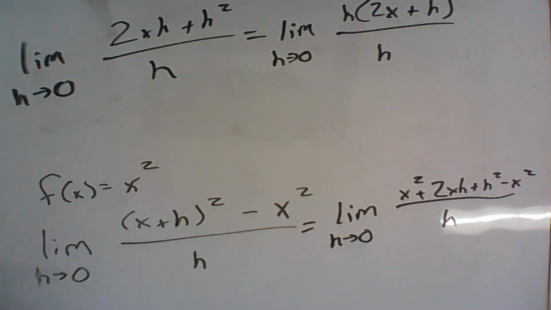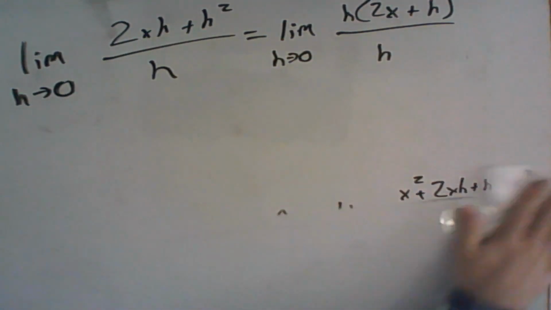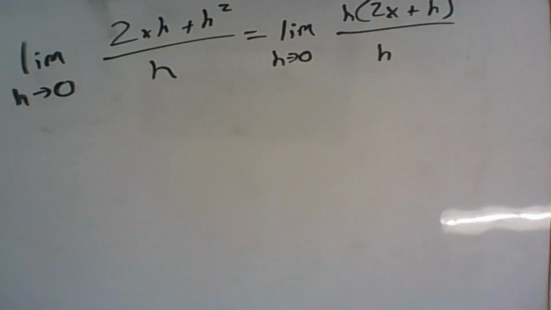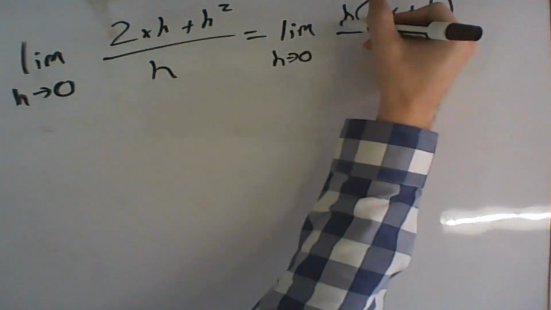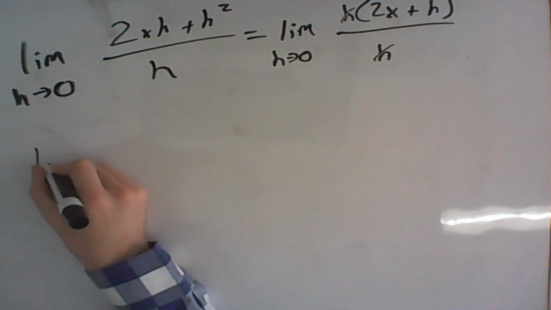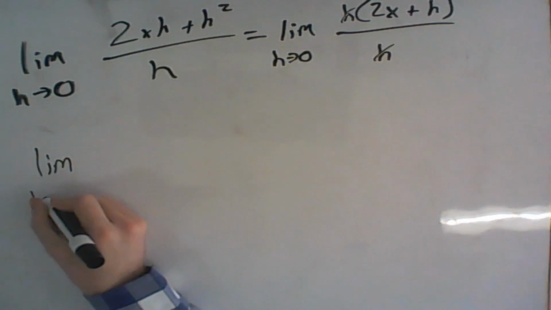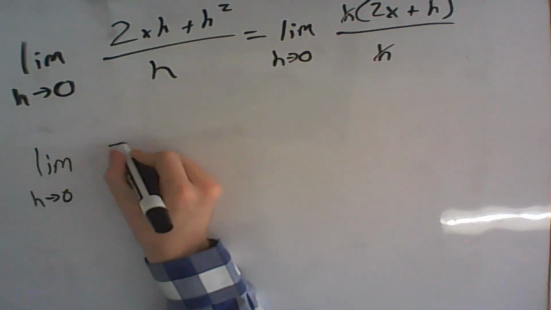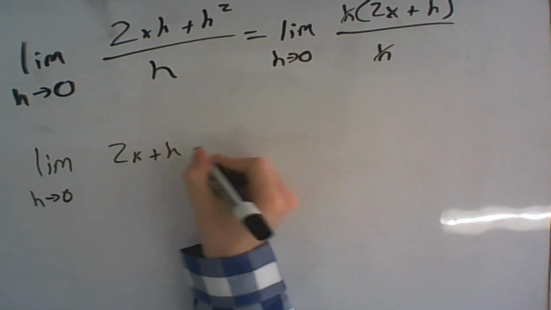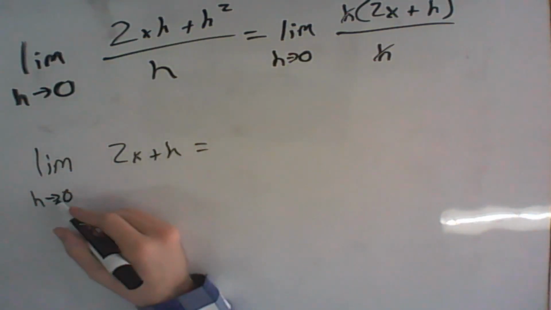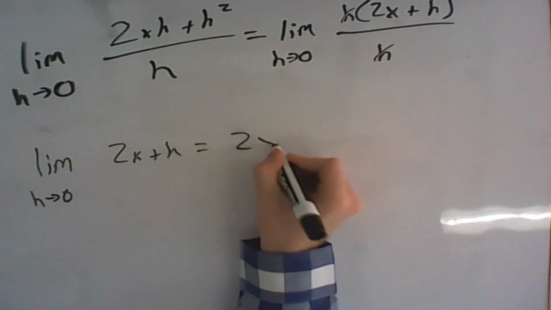If you're wondering, this would be an indeterminate form way back here, so we don't really need to worry about showing it's indeterminate over here. Okay, so we cancel out these h's, and we get the limit as h approaches 0 of 2x plus h. Then you plug in 0 for h, you get 2x.